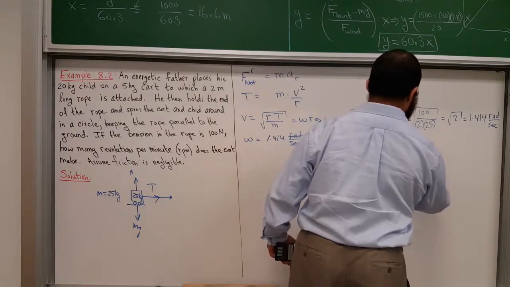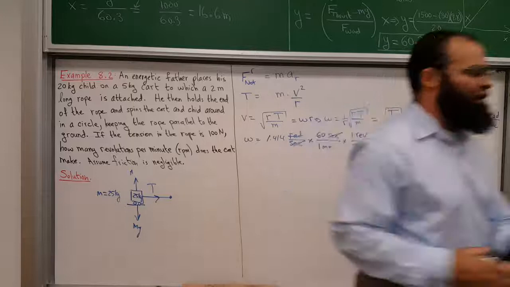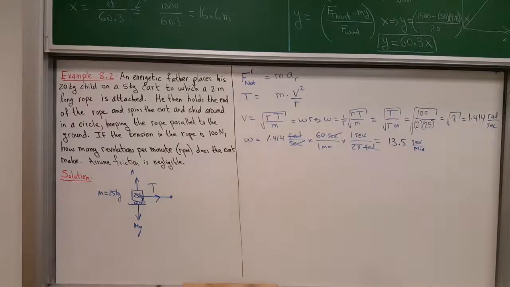revolutions per minute. And I need to double check that with the book, because I don't want to make a mistake and then watch the video later and I can't correct it. So it's about 13.5 something. Yeah, great.